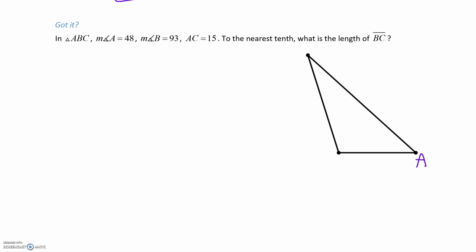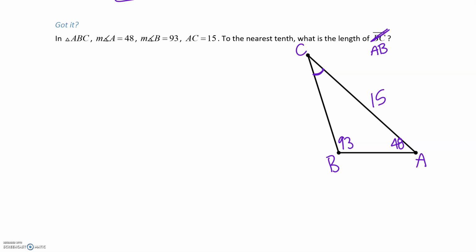So if we've got A, B, and C, we've still got that A equals 48 and B equals 93 and AC equals 15. We actually don't want to find BC. We want to find AB, okay? So we know from our triangle angle sum theorem that we can find this angle C right here.